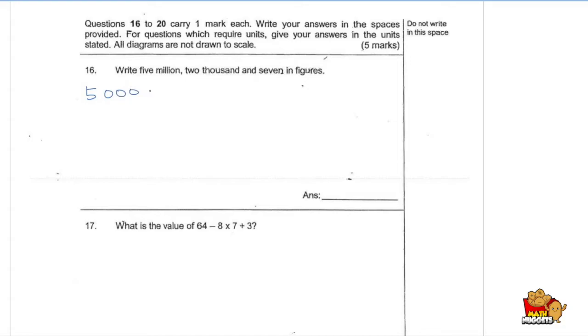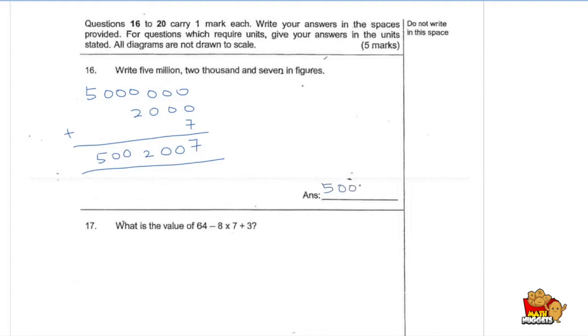Million has 6 zeros. 2,000. 1,000 has 3 zeros. 7 ones. So if we add this all up, five zero zero two zero zero seven.